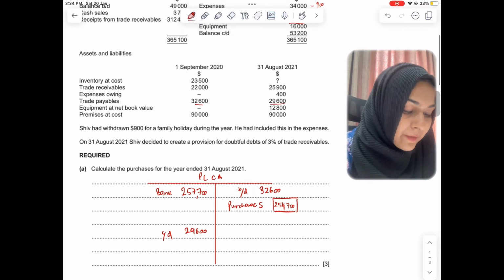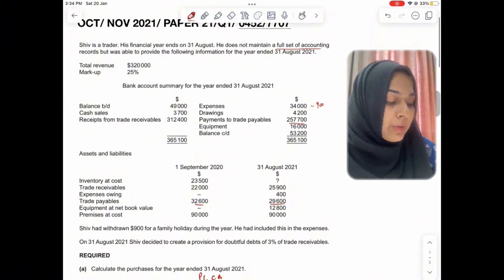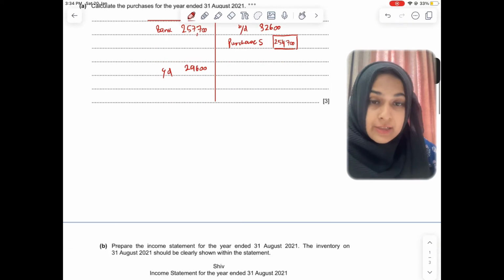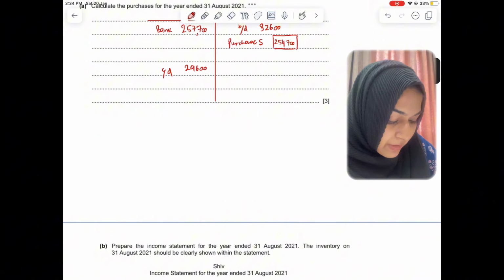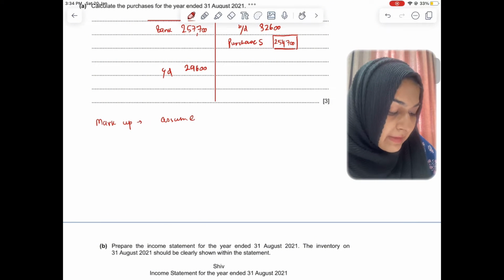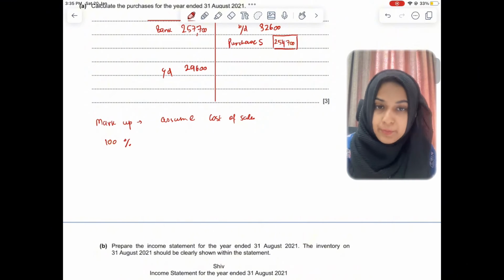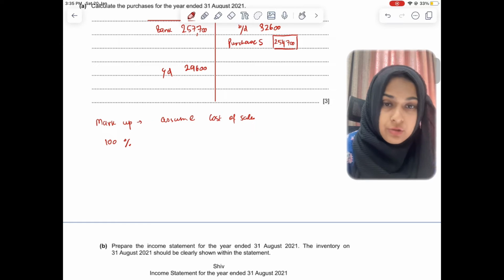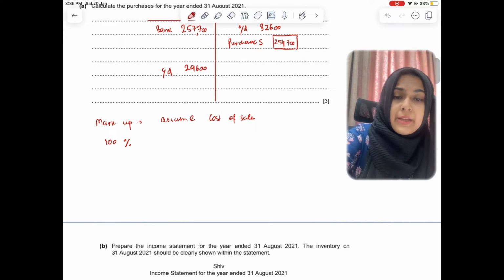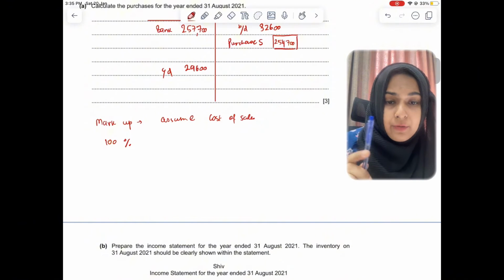Once they've given you credit purchases, now when we deal with markup, what I need to tell you is that whenever markup is given in the question, you need to assume that the cost of sales, or the cost of the inventory, is 100%. For instance, I am purchasing a pen, and let's say this is for 100 rupees.